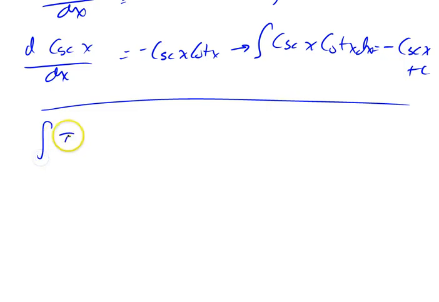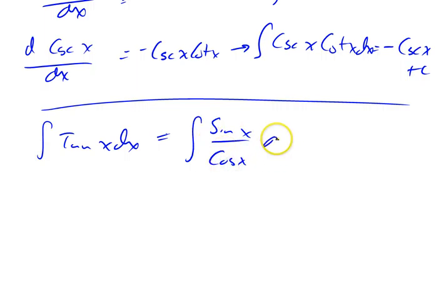If you're looking at the integral of the tangent of x dx, we think of that as the integral of sine x divided by cosine x. And we do a u substitution with u equal to the denominator, so u equals cosine x. Du would be minus sine x dx.